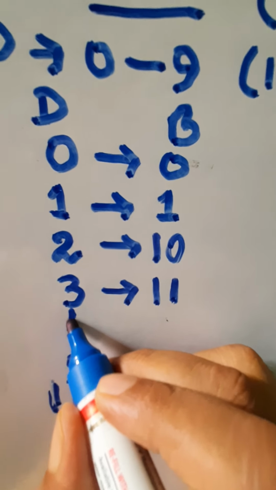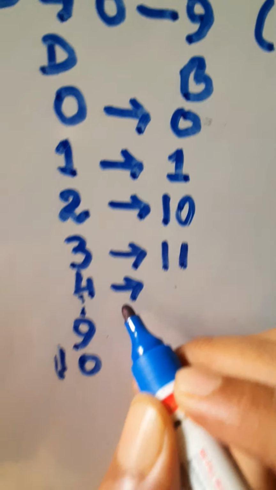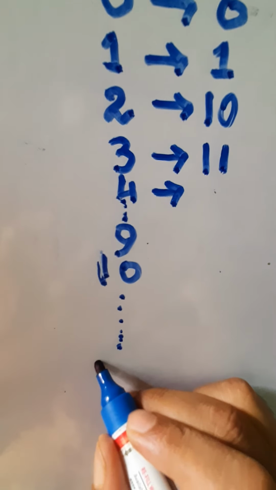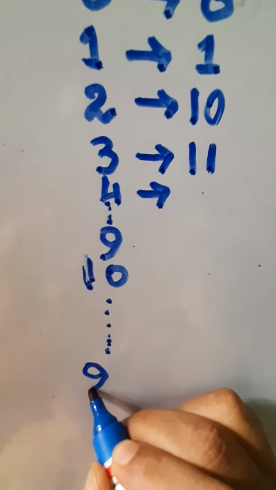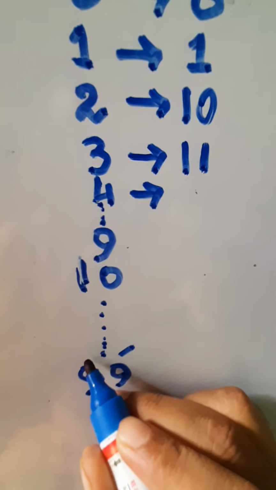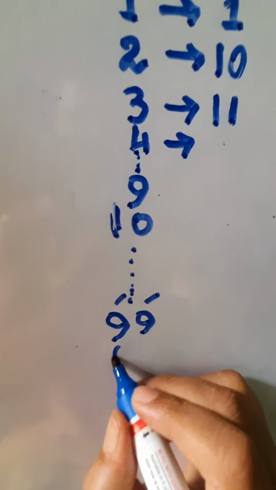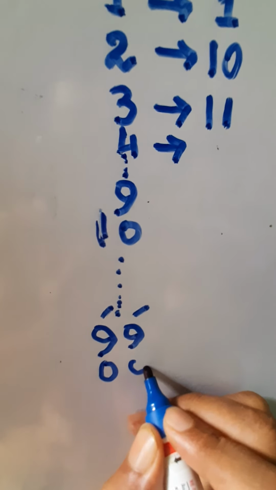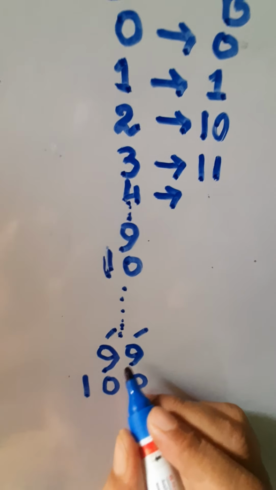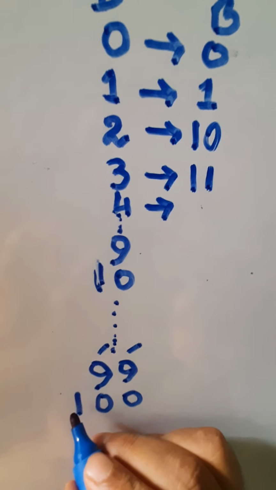Now the question is, what will be 4 in binary? Proceeding in this manner in the decimal number system, we find after 99 the unit place has got the maximum and the tens place has also got the maximum. Here comes 00 and 1 is put in the hundreds place.